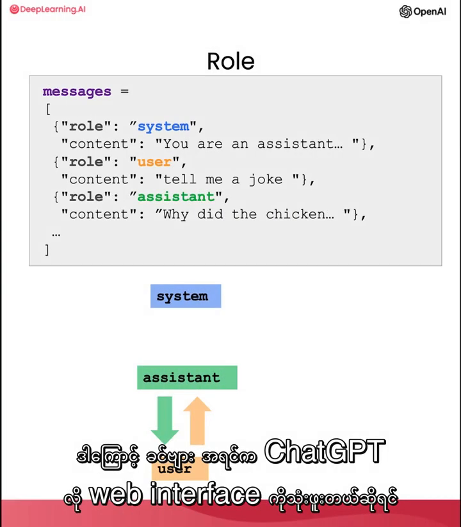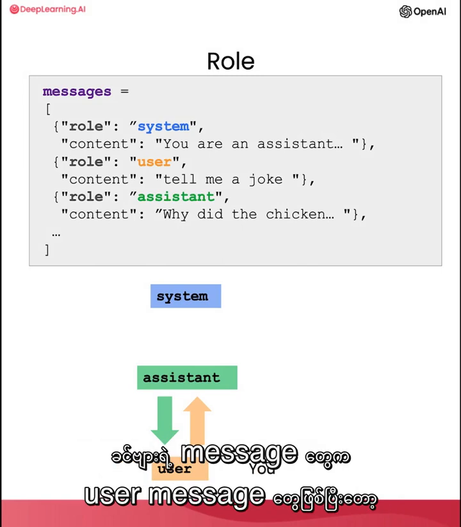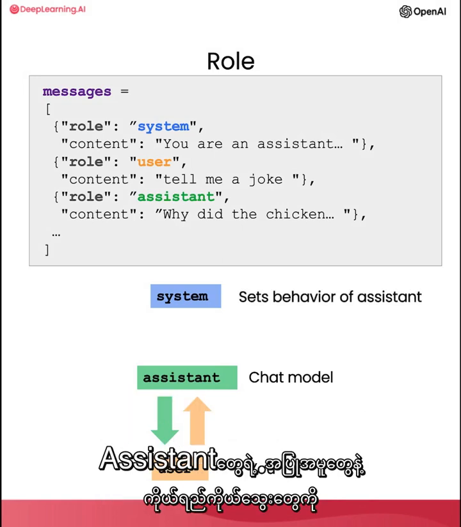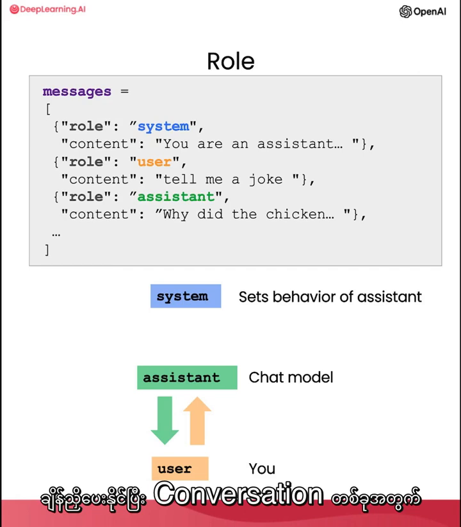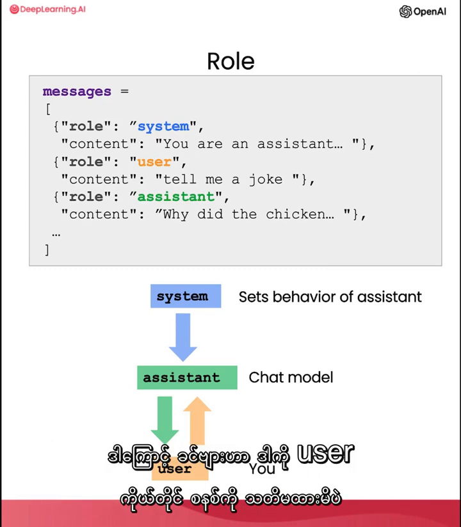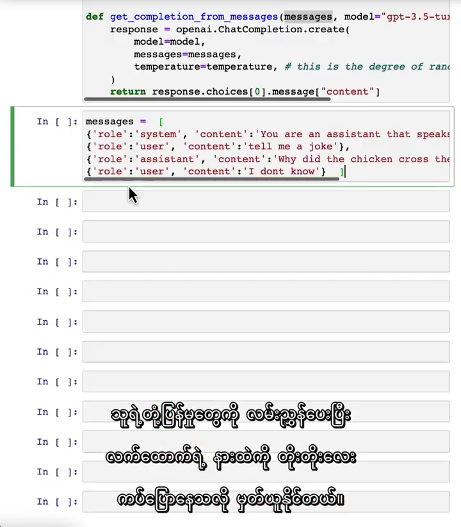If you've ever used ChatGPT, the web interface, then your messages are the user messages, and then ChatGPT's messages are the assistant messages. So the system message helps to set the behavior and persona of the assistant, and it acts as a high-level instruction for the conversation. You can think of it as whispering in the assistant's ear and guiding its responses without the user being aware of the system message.